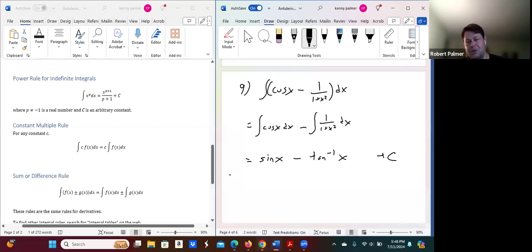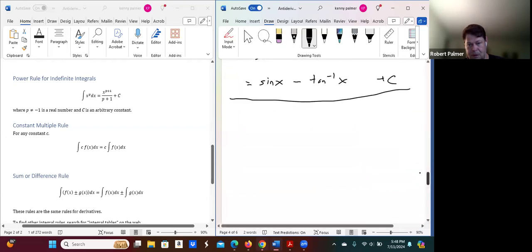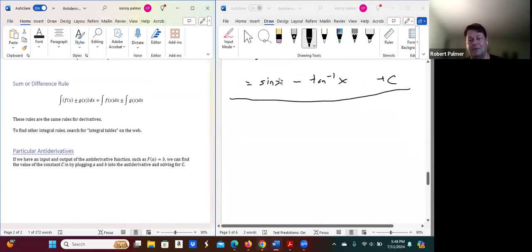Now let's do one more concept, and that's something called a particular antiderivative.